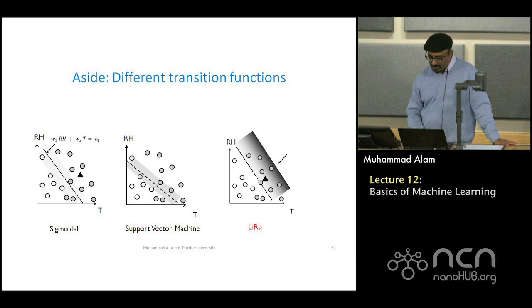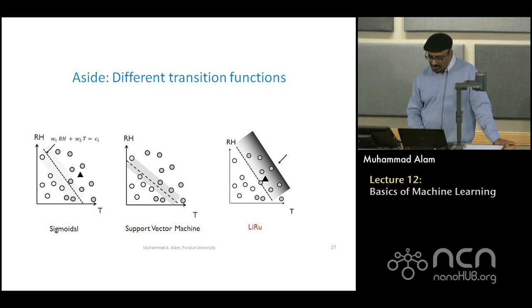Had it been a sharp transition from the valley to the plateau, then the width of this region would be very narrow. But rather, it's a gradual rise, and that's how this one looks, and it's symmetric. You remember the sigmoid function is symmetric on both sides.